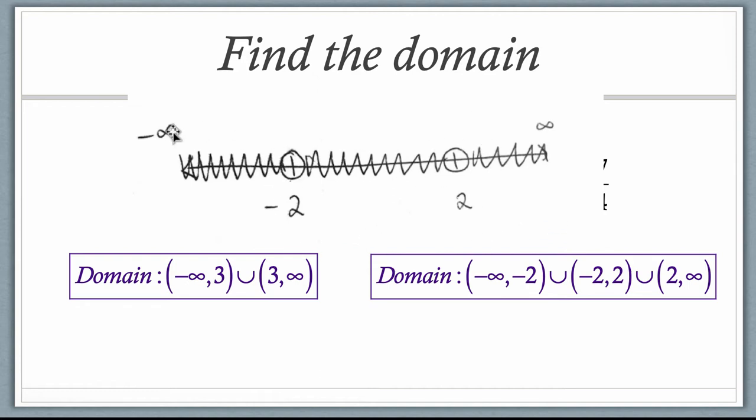Then I look at my number line from left to right and I say, what interval of numbers is in my domain? So when I look at the number line, I always start off at negative infinity, as you can see, and my first stop is at negative 2. That's my first interval. I'm going to skip over the negative 2, which is why we use these rounded parentheses, because the negative 2 is not included in my interval, and the union symbol.